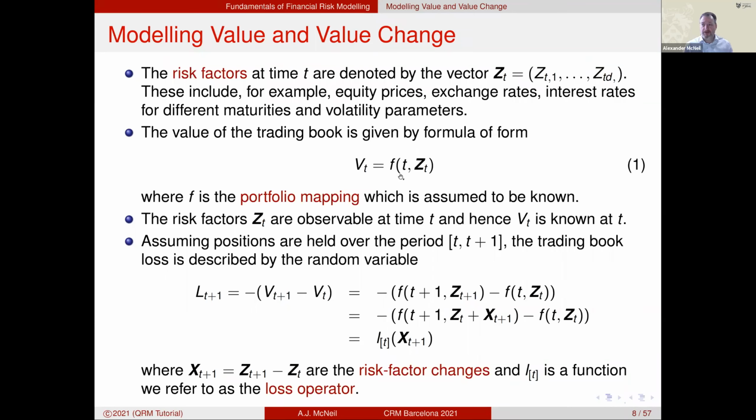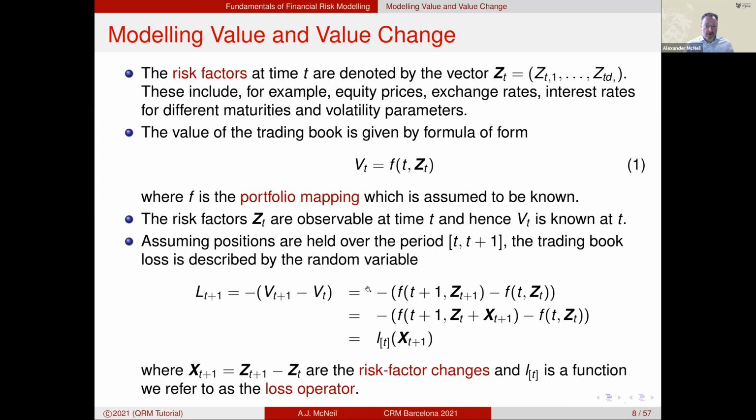It also depends on time, because if you have products in the trading book which are derivatives, then the actual calendar time will be important because the time to maturity of the derivative will affect its current value. That's why there's an explicit time dependence. This function f is called the portfolio mapping. We assume we know what we have in our trading book, so it's a known function, and the Z's are observable.